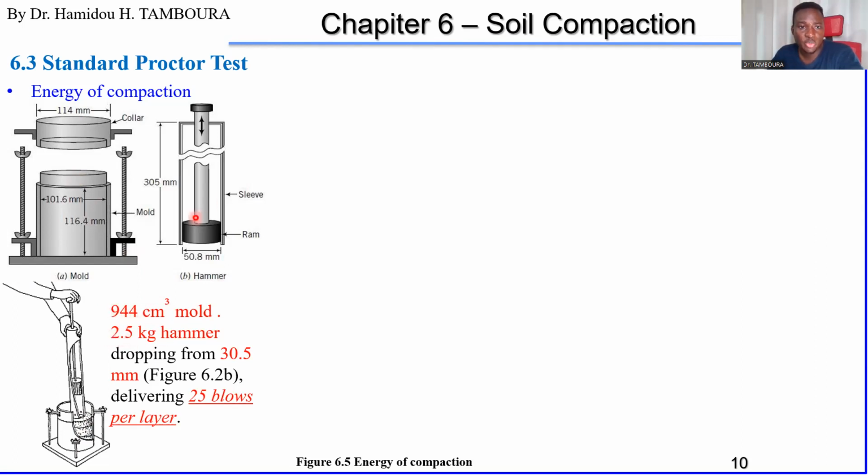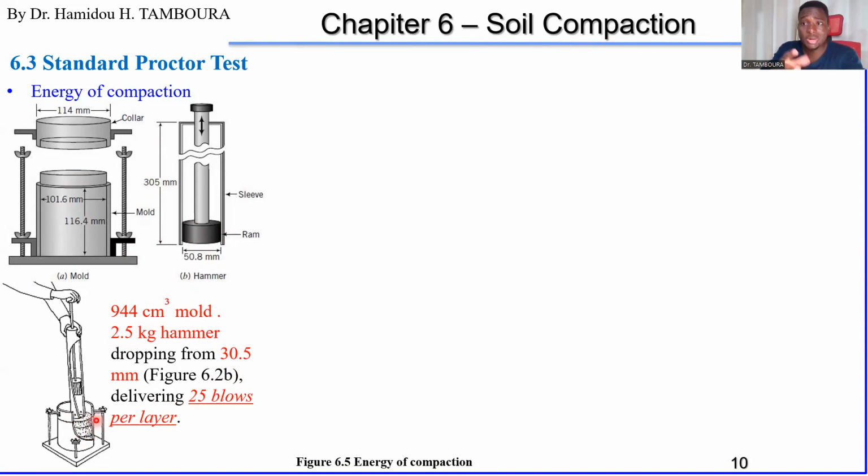And the weight of the hammer is 2.5 kilograms. And the hammer is dropping from, sorry, this is not 30.5 again. Please, I corrected it before, and this time also, please remember, it's 305 millimeter. Actually, the exact value is not that even. This is just approximation. And remember also, 25 blows for each soil layer.